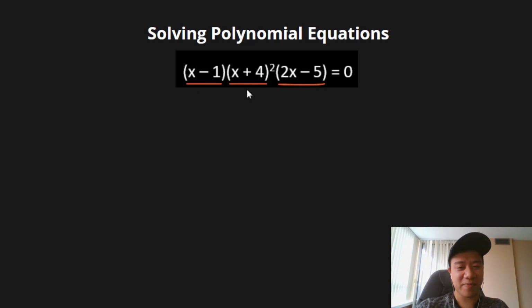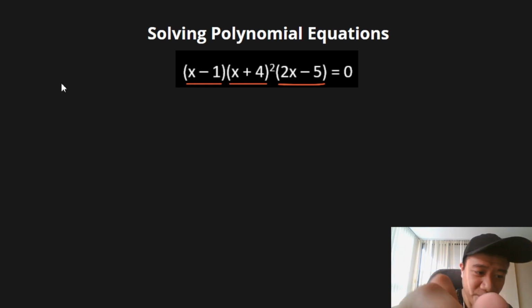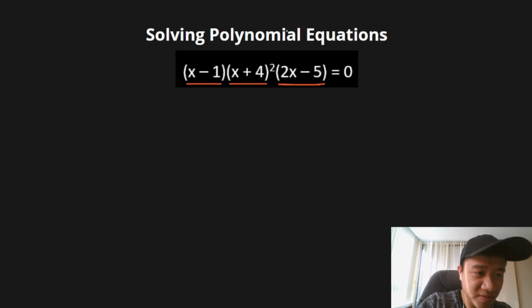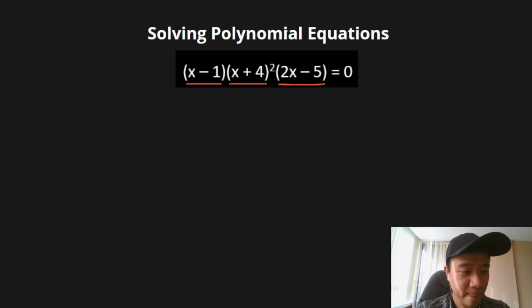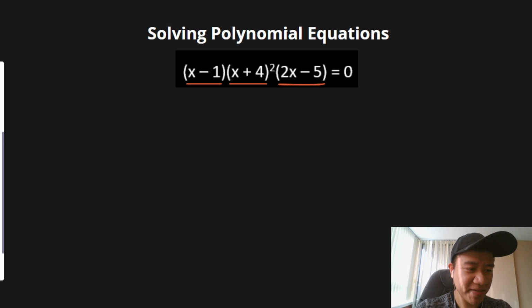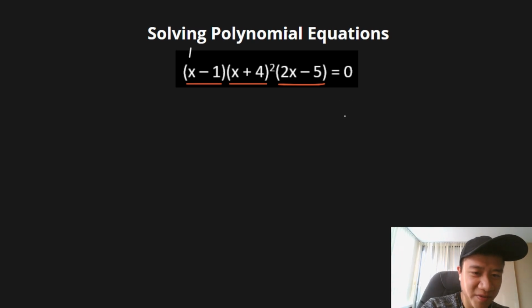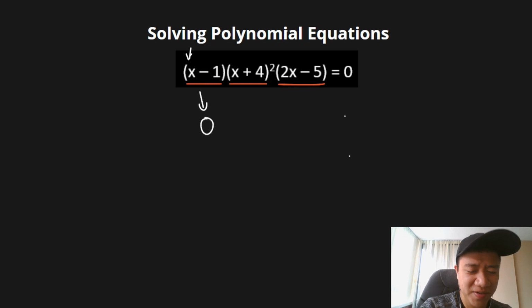So if any of these brackets actually equals 0, let's say if this guy, if we substitute a number in here, and what came out was 0.